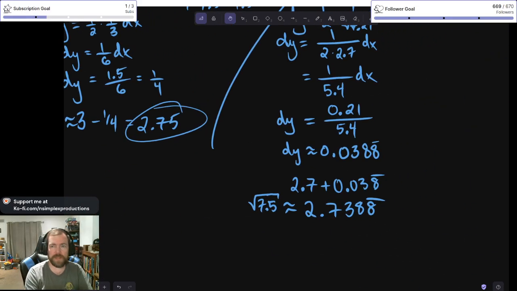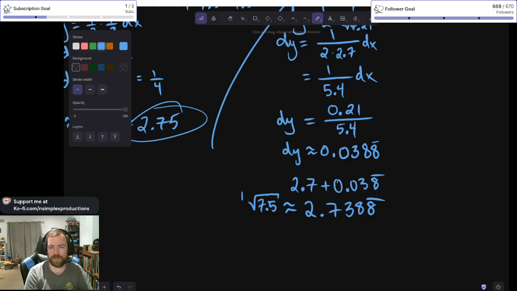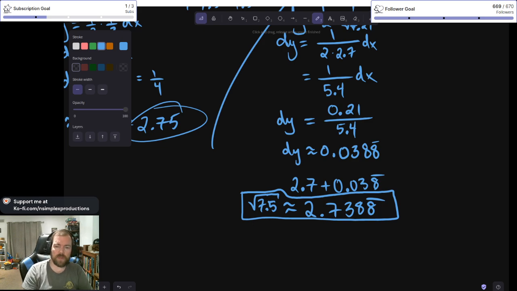Okay, so then how do we get the actual value for this? One of the ways to do this is to get a better and better approximation by taking each of these values.